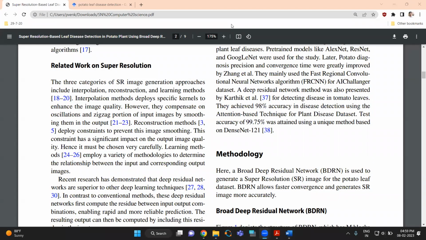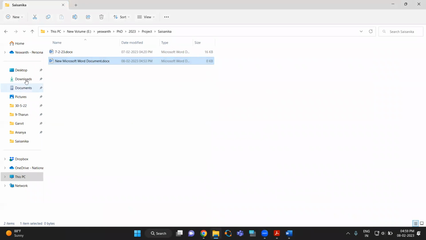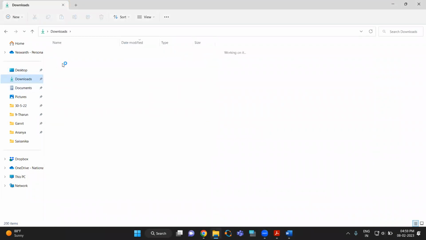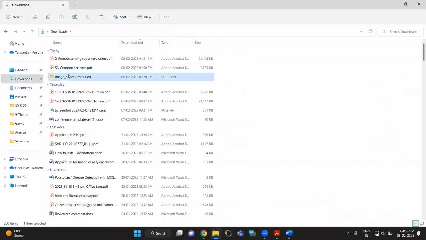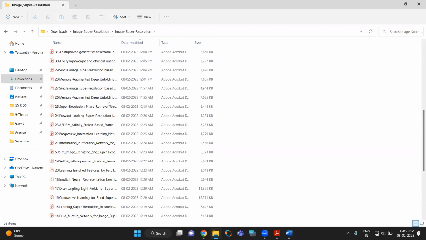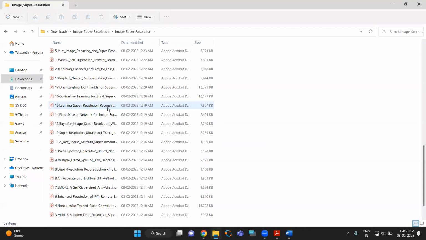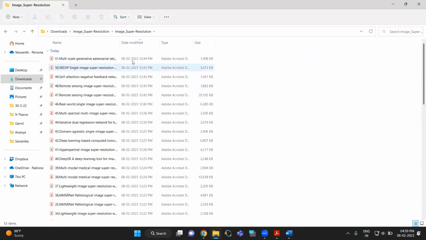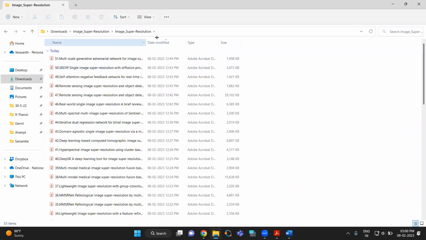In each technique you can mention. There are many super resolution techniques. These 50 papers are the image super resolution techniques from the last 2 years. These are the different super resolution techniques.